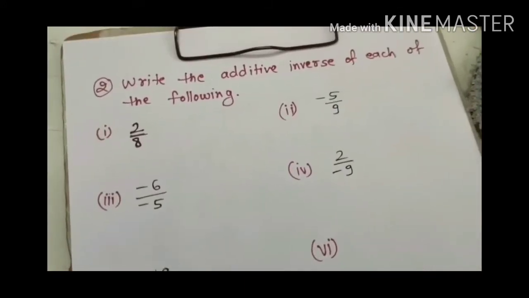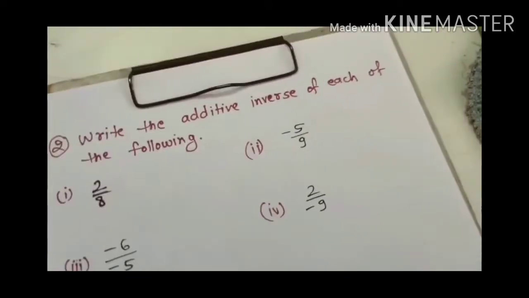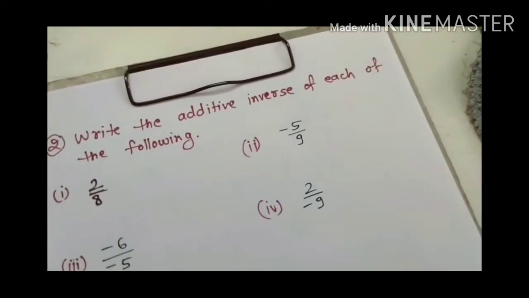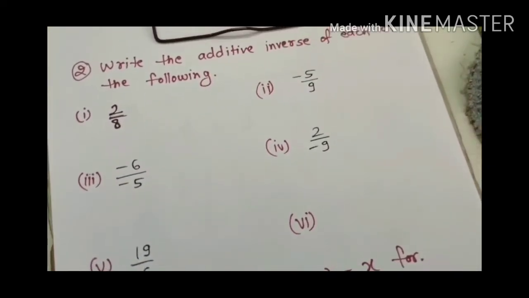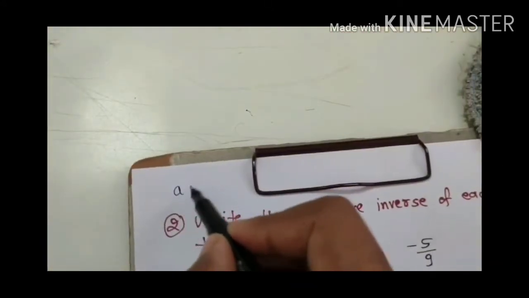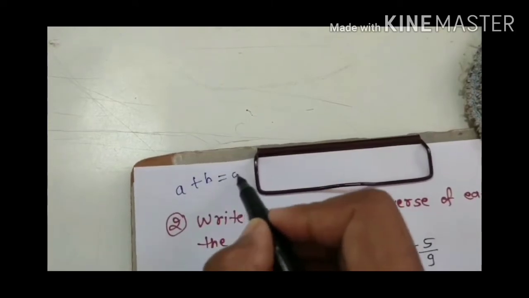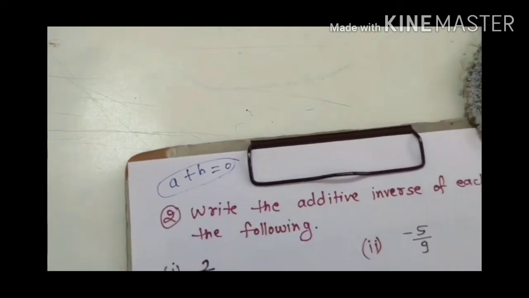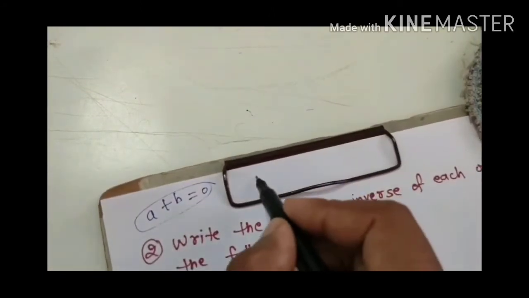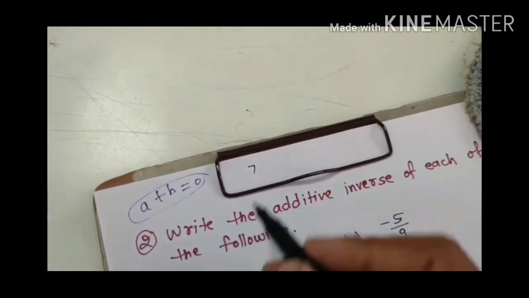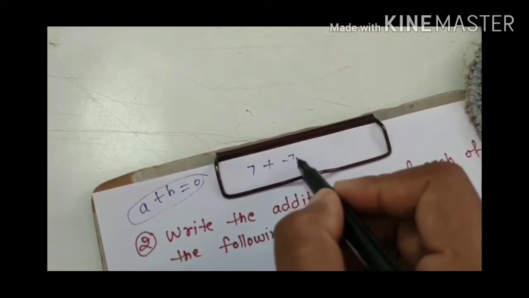Done. Now write the additive inverse of each of the following. Given numbers are here, so we have to find the additive inverse. What does it mean? First just write any two numbers. If you add the two, you should get 0, so that number can be called the additive inverse.